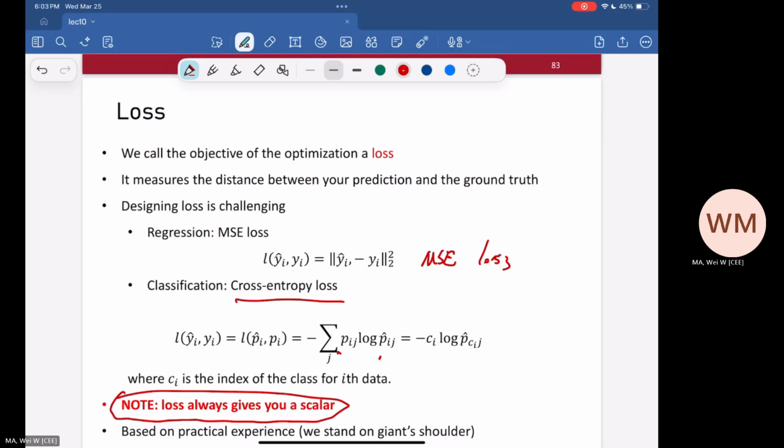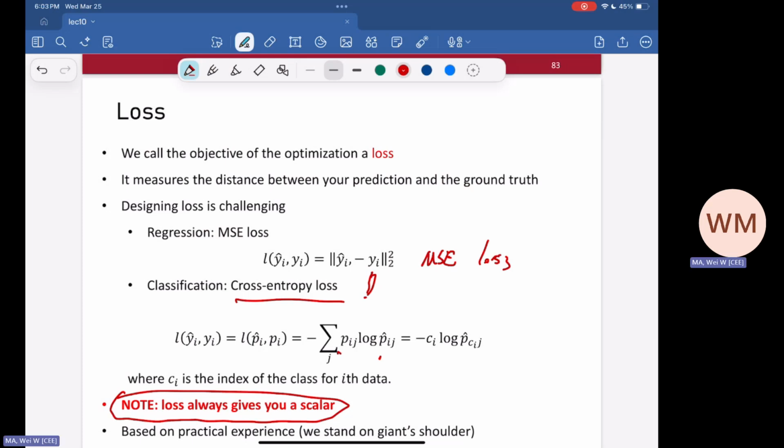With MSE loss, no matter how complicated your Y is, maybe a vector or a matrix, say you want to generate an image, your final loss should always be a scalar, because only when it's a scalar can you minimize it. So all those losses are definitely scalars.